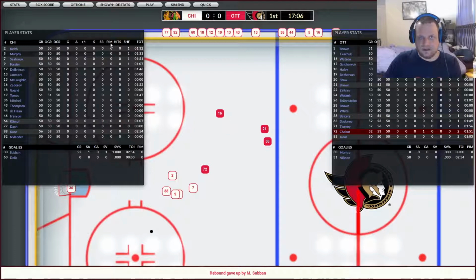Now, PIM stands for penalties in minutes. So whenever you take a penalty, you get assigned a certain amount of minutes of penalties. Usually it's 2, sometimes it's 4, sometimes it's 5, sometimes it's 10. Sometimes you get a game misconduct. As you may or may not know, hockey is a pretty fast-paced sport, and sometimes penalties are going to occur.